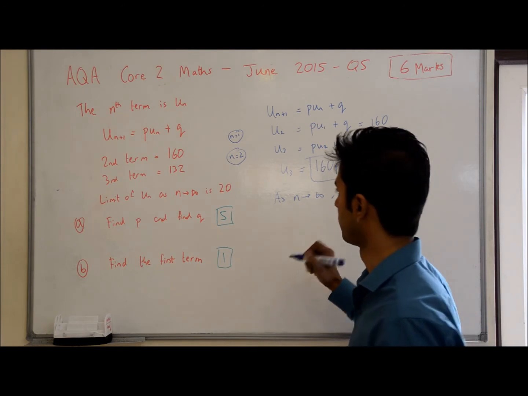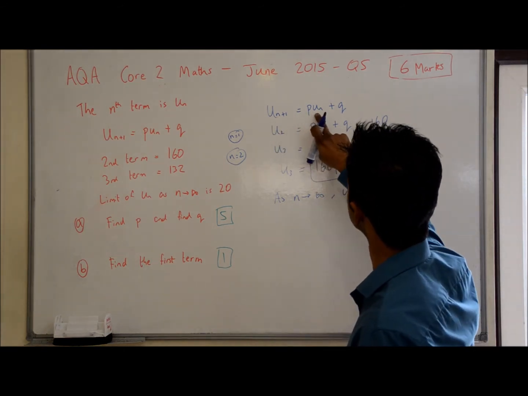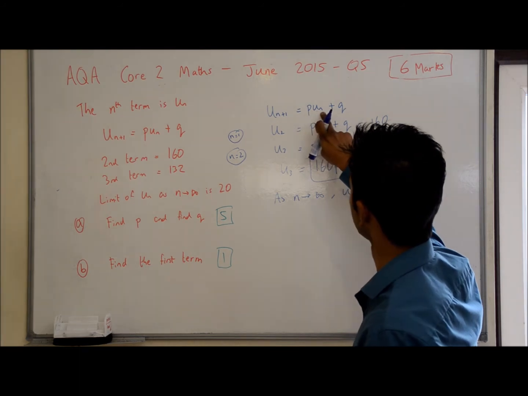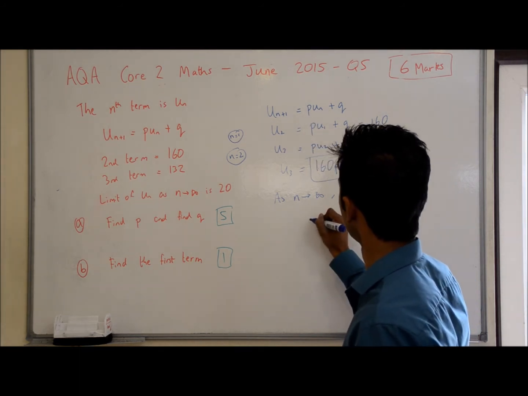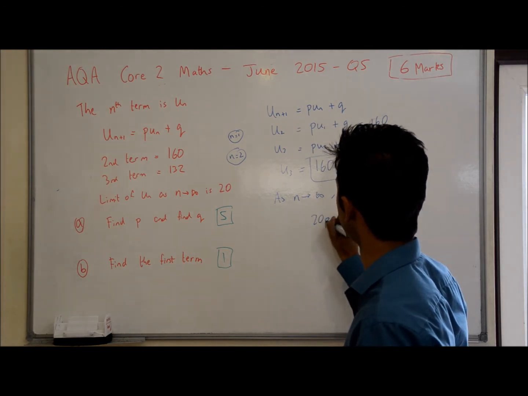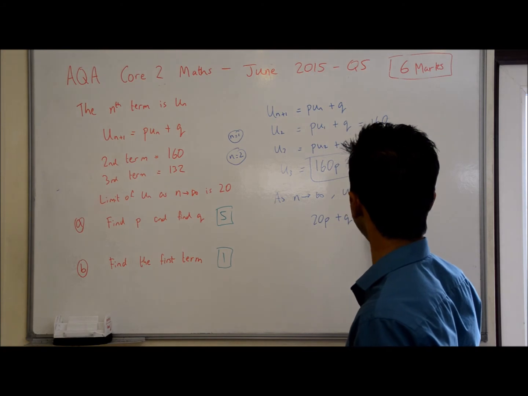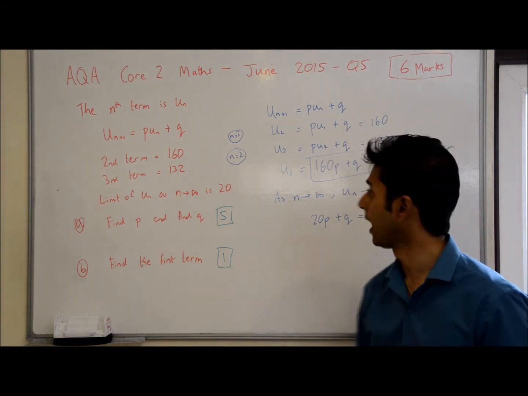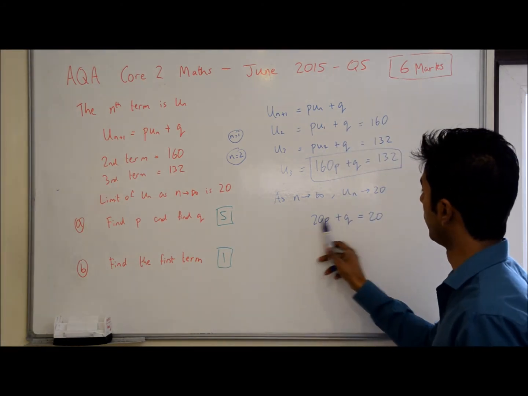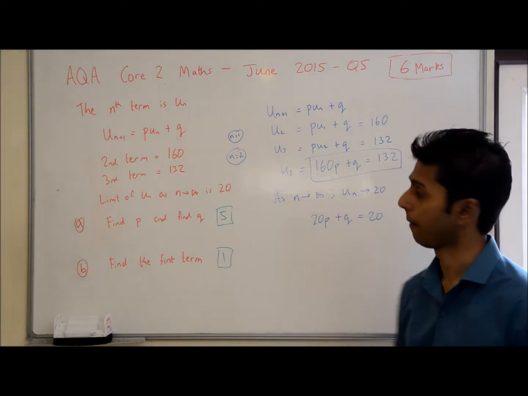So for a large value of n, what we will end up with is that p times the previous term, so let's say the previous term was 20, so 20 times p plus q will also equal 20, because as the value of n increases, we're going to get closer and closer to this limit. So no matter how many times you do it, you're going to end up with that.